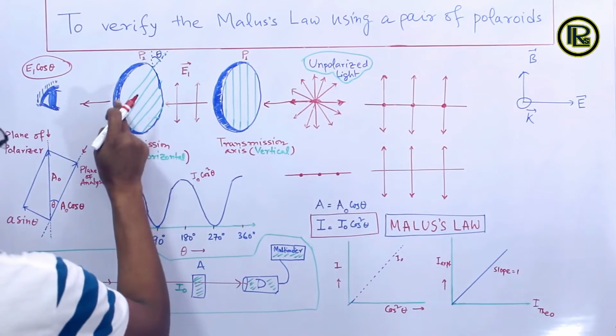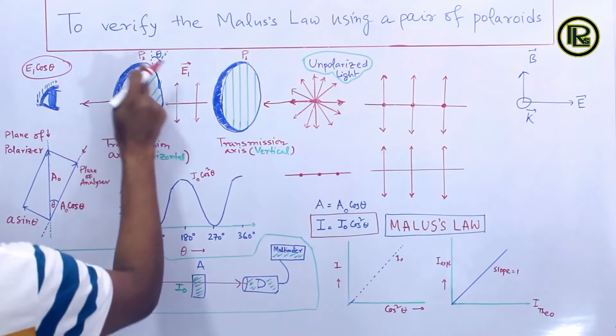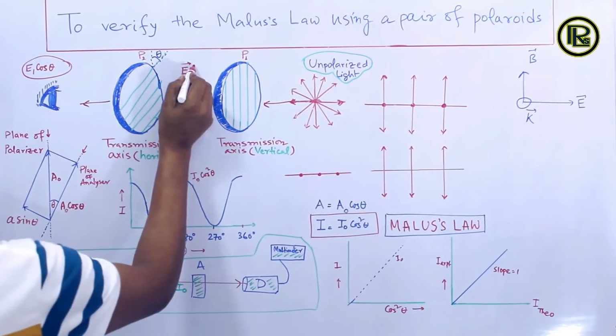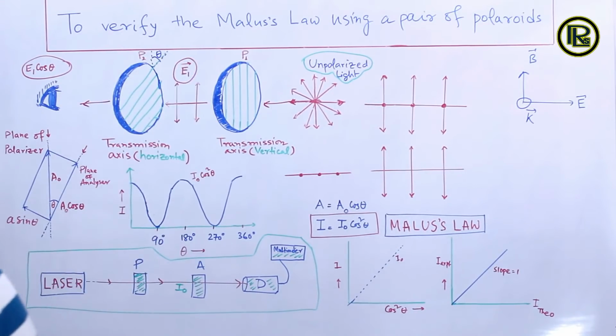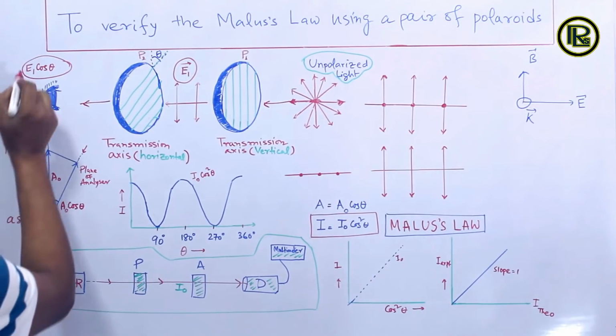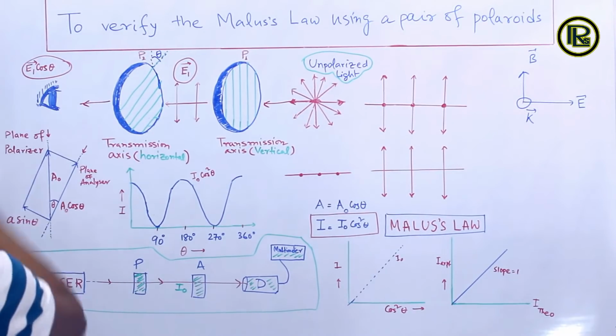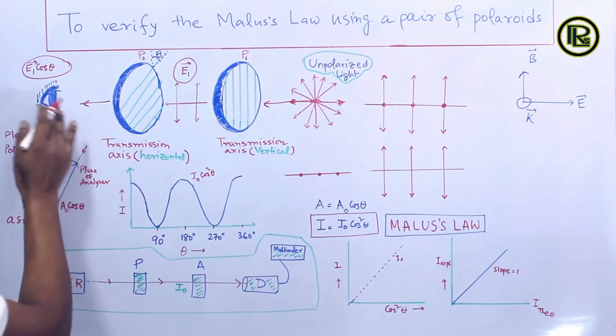If the incident light on the second polarizer has the amplitude E1, then the second Polaroid will give light E1 cos theta.